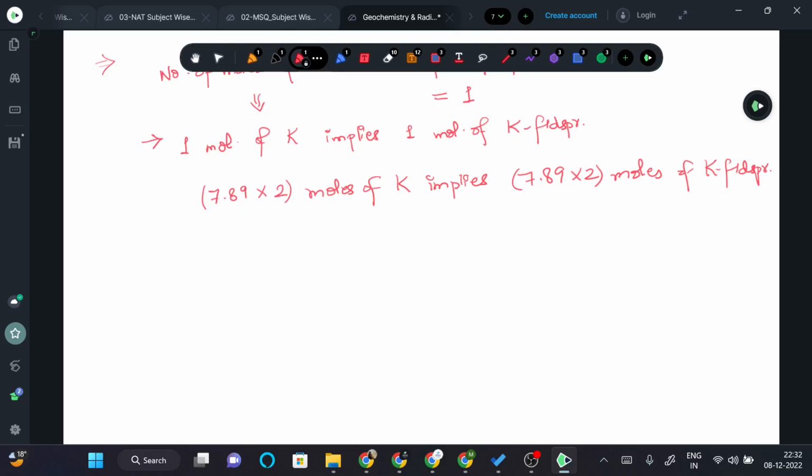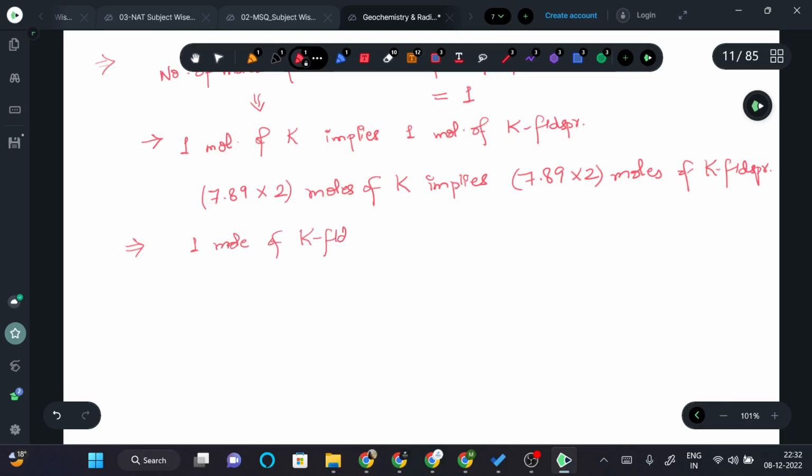Now 1 mole of K feldspar has 3 moles of SiO2, right? This also we have seen above.